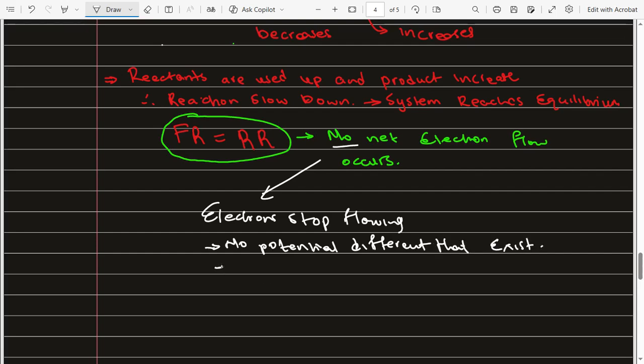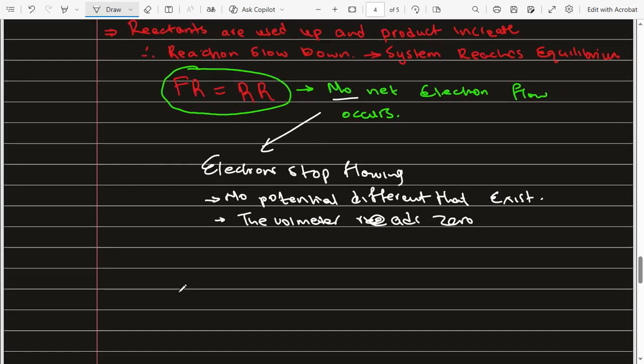And then the voltmeter reads 0. So the voltmeter will read 0.